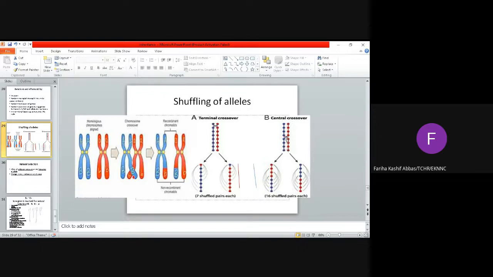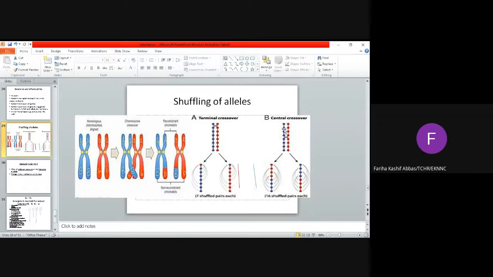After crossing over, when the chromosomes get segregated, it is also possible that a chromosome will pick up the part of another chromosome. As you can see over here, this red one will carry the other part of the blue one's chromosome, whereas this blue one will carry the other part of the red one's chromosome.